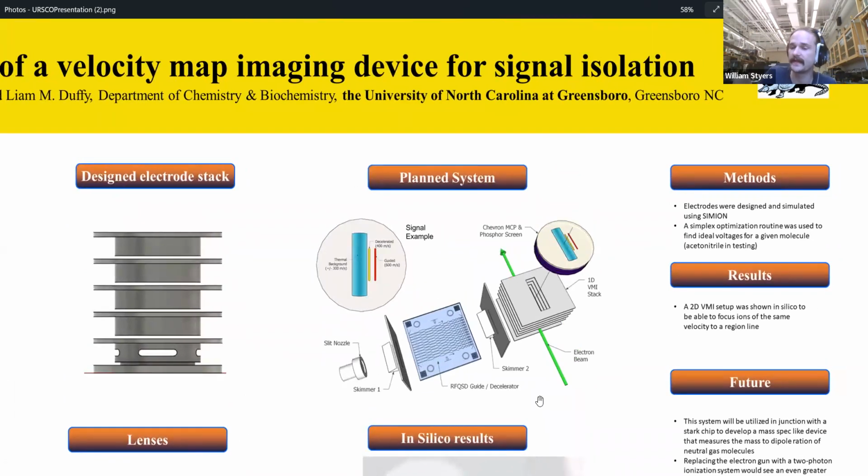And so the methods we used to generate this data: we designed the electrodes in a software called Fusion 360, a CAD software. And then we imported them into a program called SIMION, which is an ion flight simulator. Within SIMION, we were able to write our own Lua code to undergo a simplex optimization routine, which will find ideal voltages to apply to each of these electrodes.